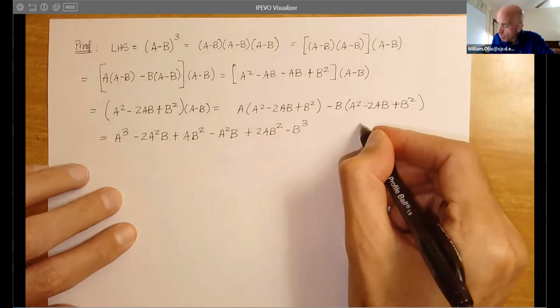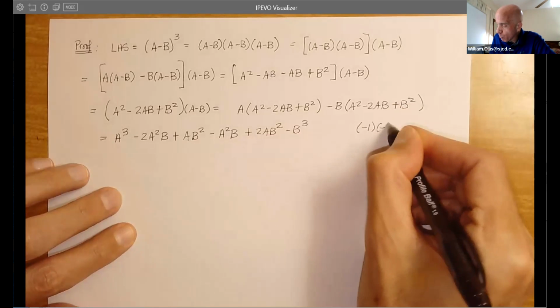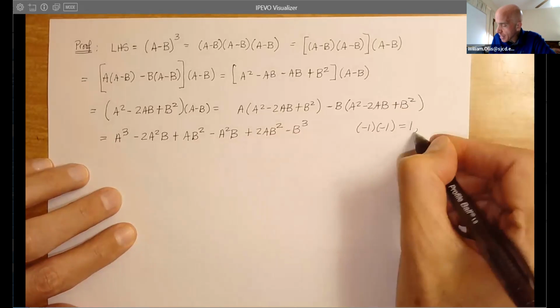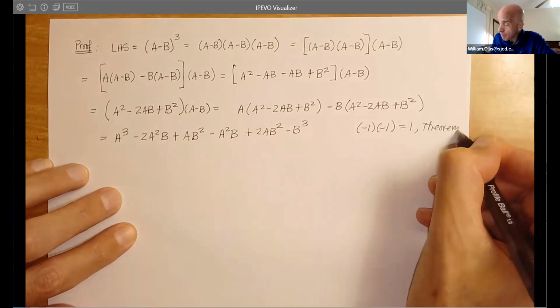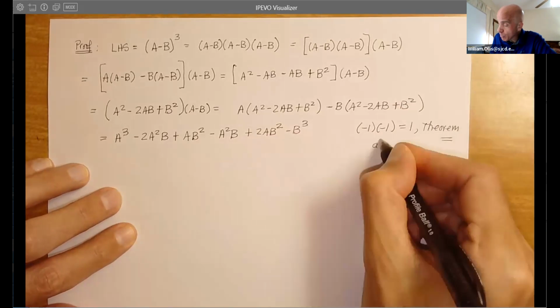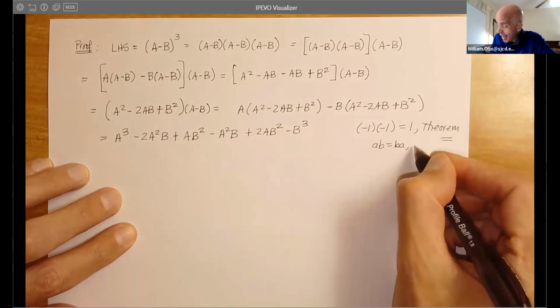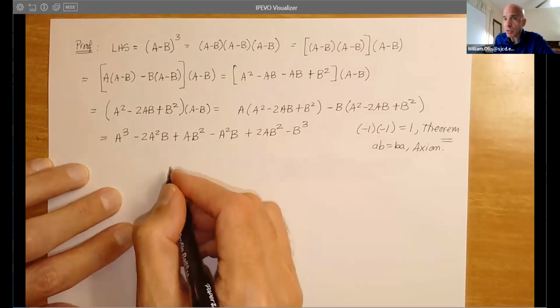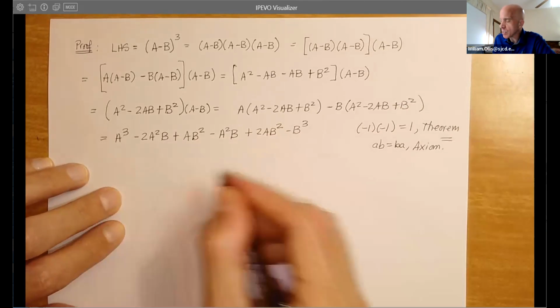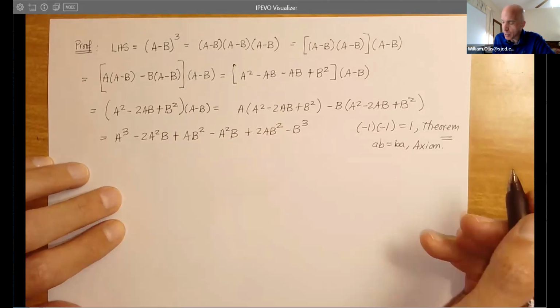So remember, when we say negative 1 times negative 1 equals 1, this is a theorem. We proved that. But of course, when we say ab equals ba, that's just an axiom. That's a result that we assume about real numbers. We don't prove that, we just assume it because it makes sense to do so.